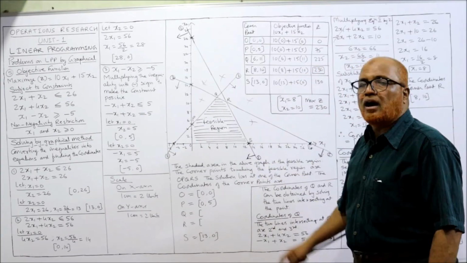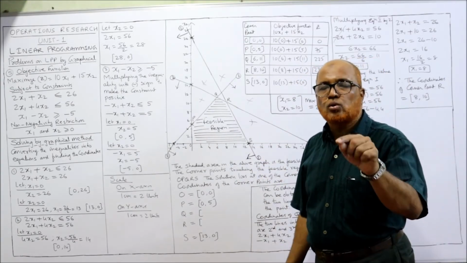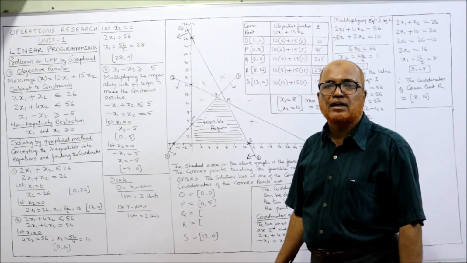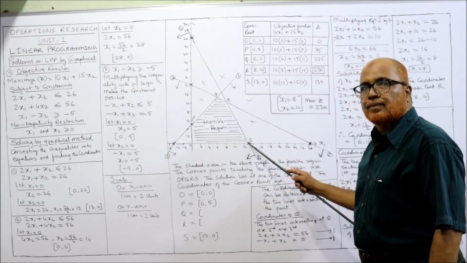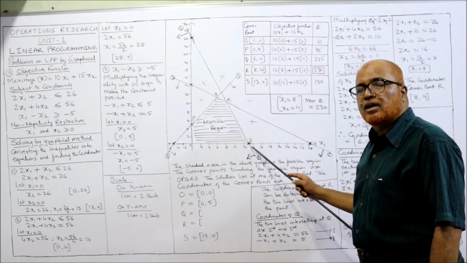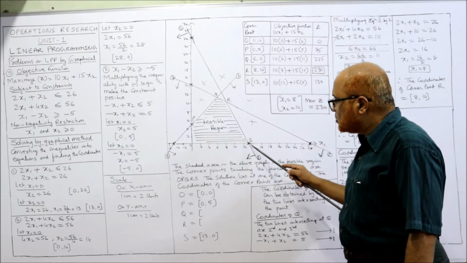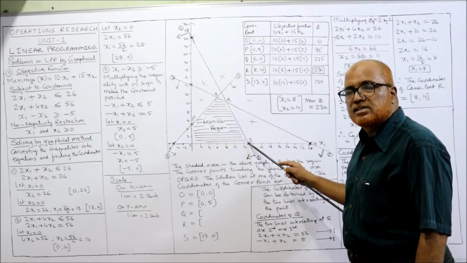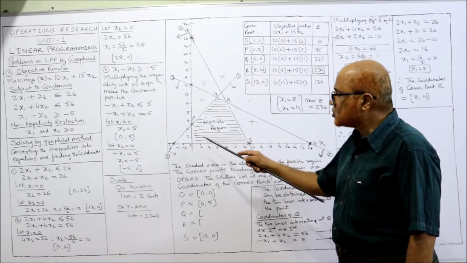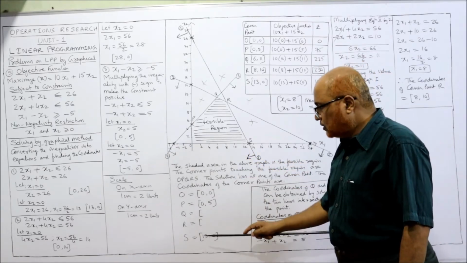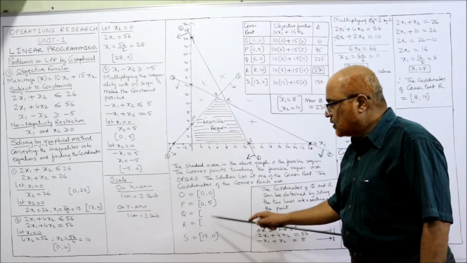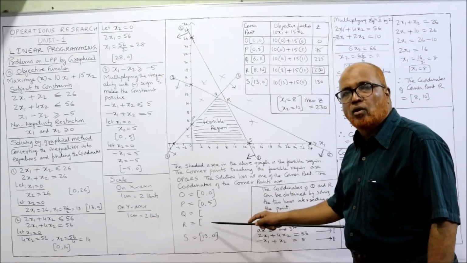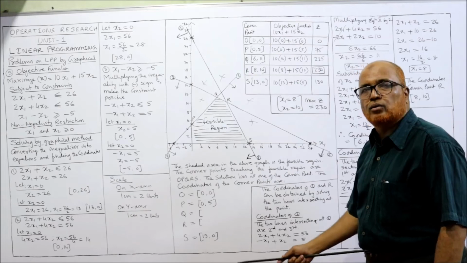Now Q and R, these 2 coordinates we have to find out by solving the equations. S, by inspection we can find out. On the x-axis you can see S is at 13. So x1 is equal to 13, x2 is equal to 0. So 13, 0. So out of 5, 3 we got it. 2 we have to find out.